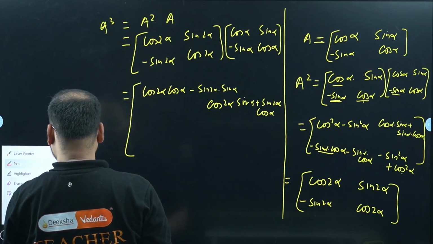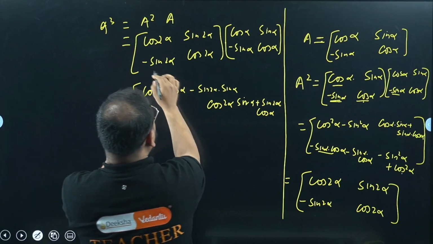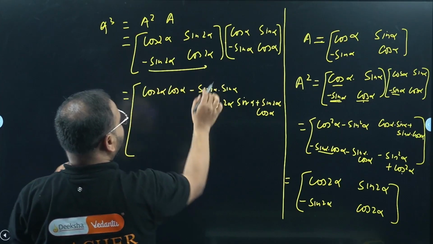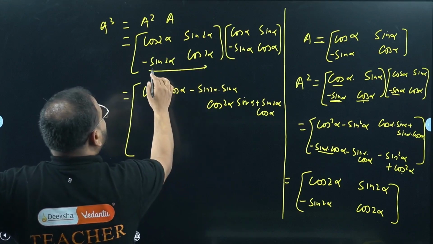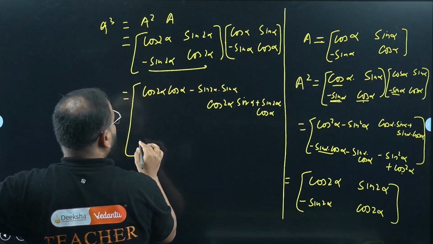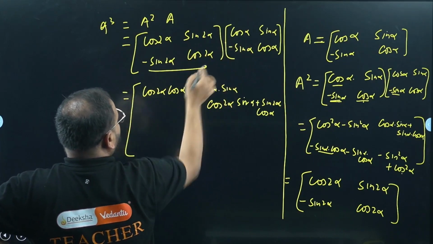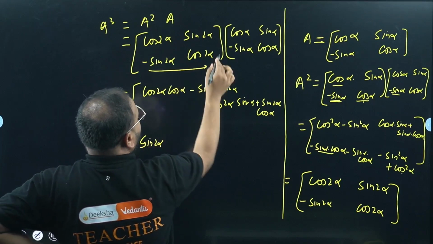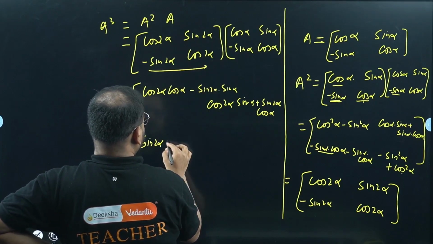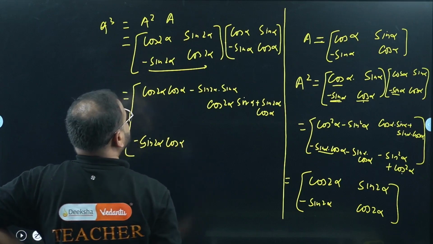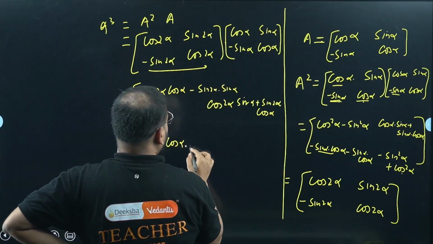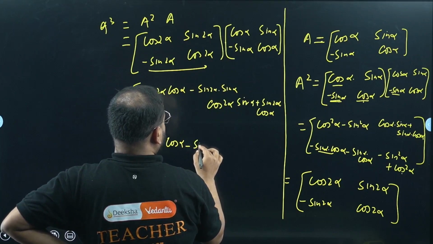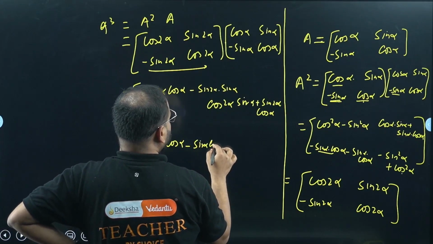Okay, let's quickly check the next part. Second row we are taking now. So minus sin 2 alpha with cos alpha, and same thing here, cos 2 alpha with this, so minus sin alpha cos 2 alpha.